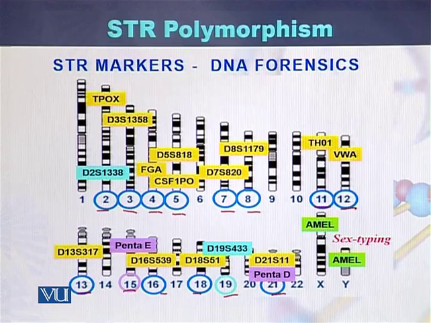And if there is sex typing to identify whether the individual is male or female, these STR markers are used for sex typing. So STR markers are short tandem repeat sequences which are used in DNA forensics.